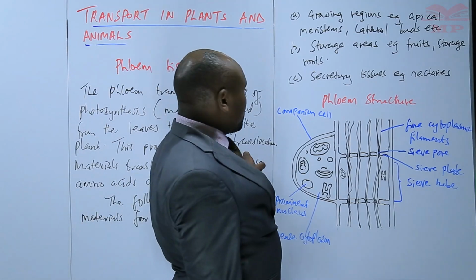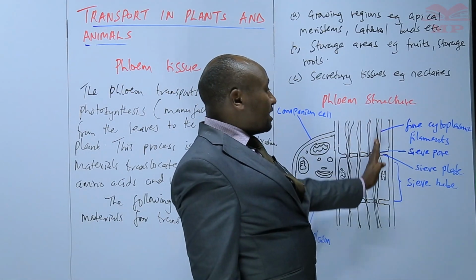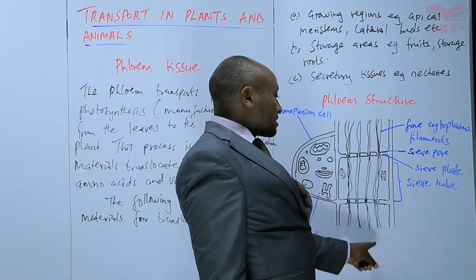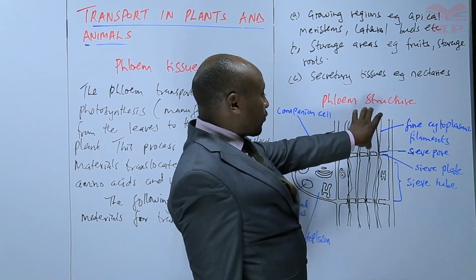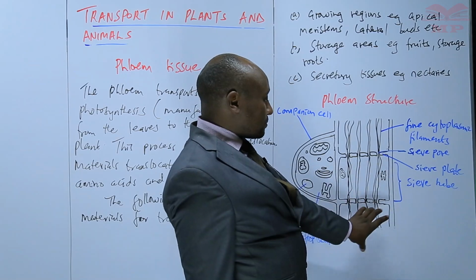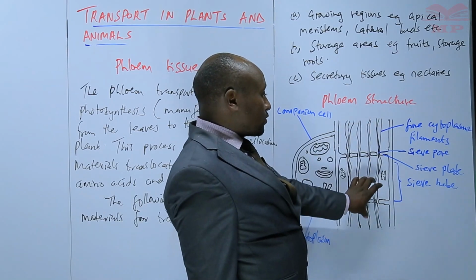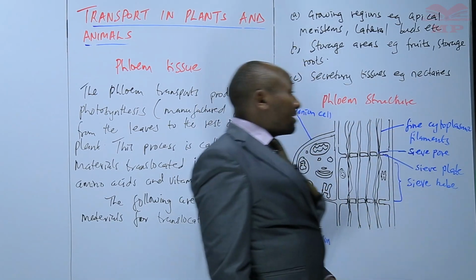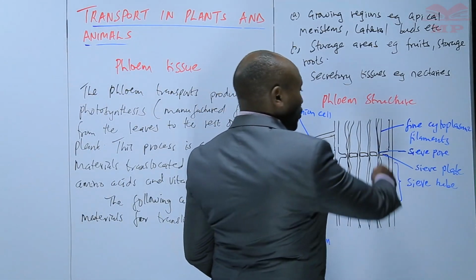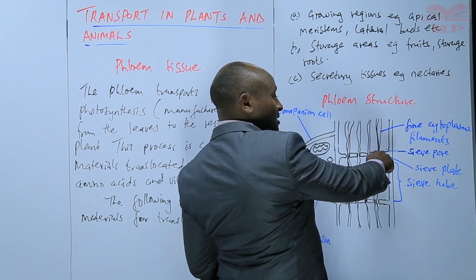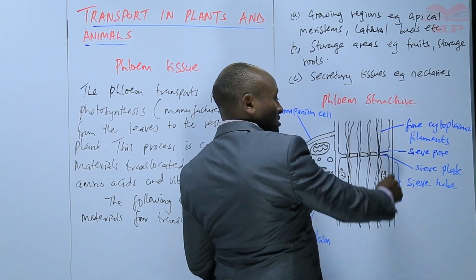And that is because there are fine cytoplasmic filaments that transport materials from one sieve tube to the next. So from one sieve tube to the next, there are some fine cytoplasmic filaments that translocate materials through some small openings called the sieve pores.